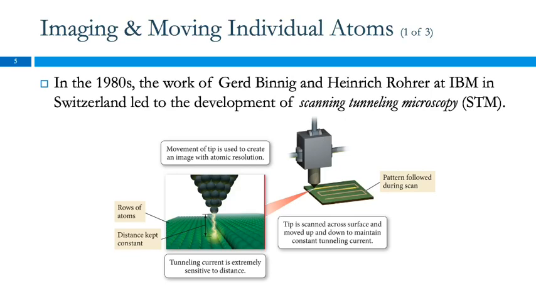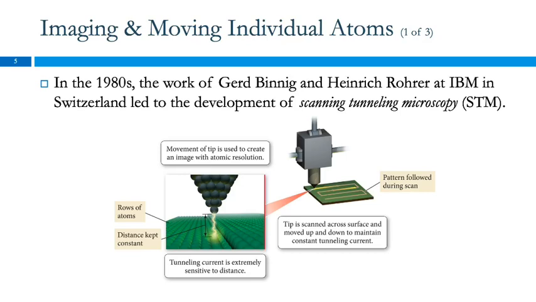In the 1980s, Binnig and Rohrer at IBM in Switzerland did some work that led to the development of STM, scanning tunneling microscopy. I'll explain it briefly, and then I also have a video that can be helpful.